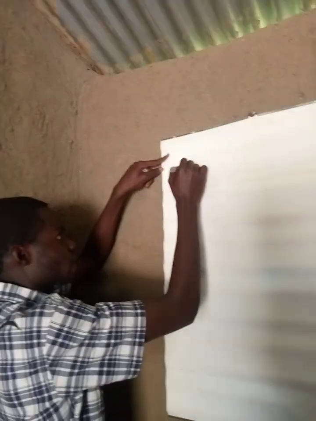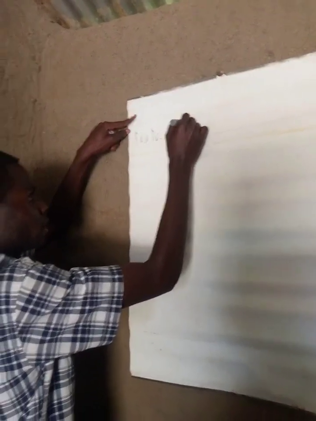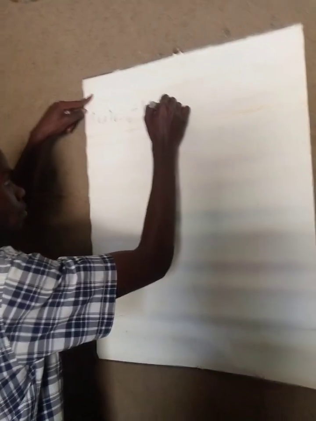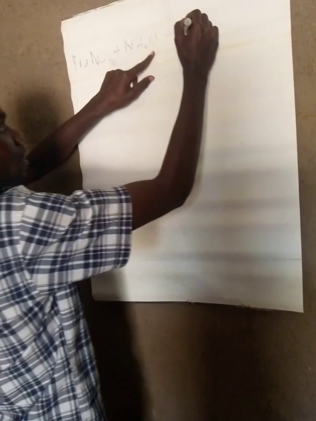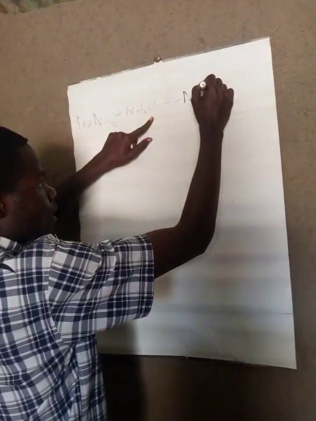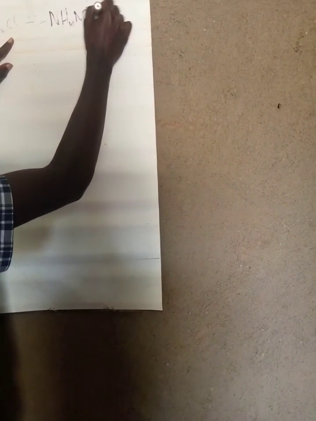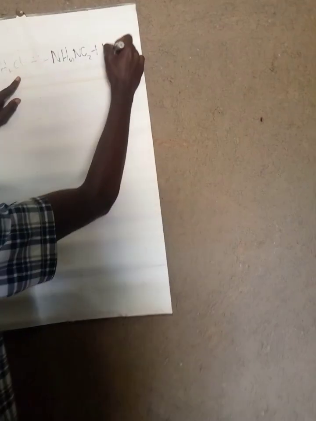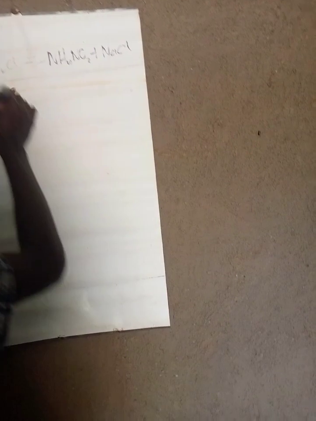So here is the equation: sodium nitrite plus ammonium chloride to form ammonium nitrite plus sodium chloride.